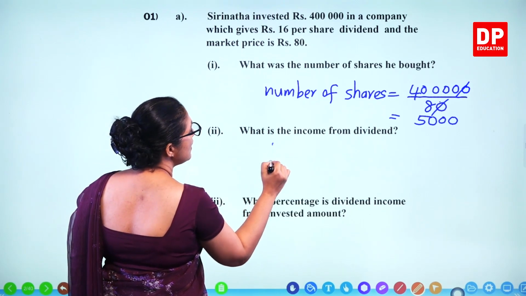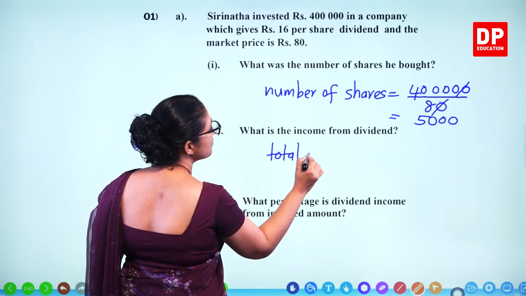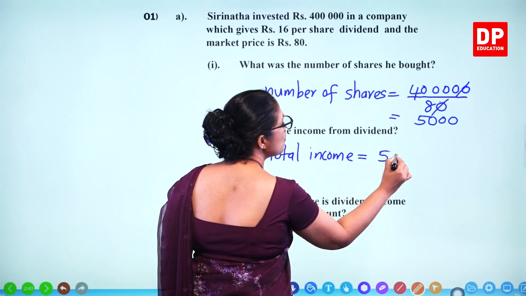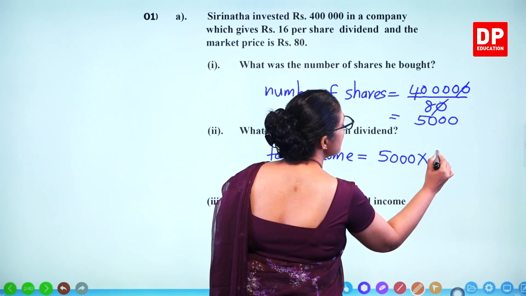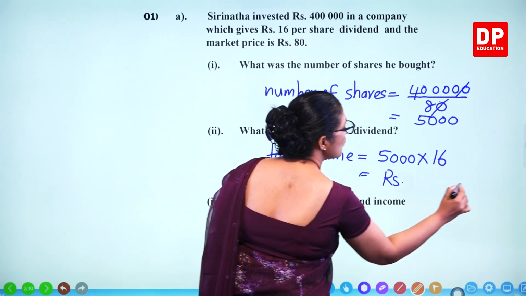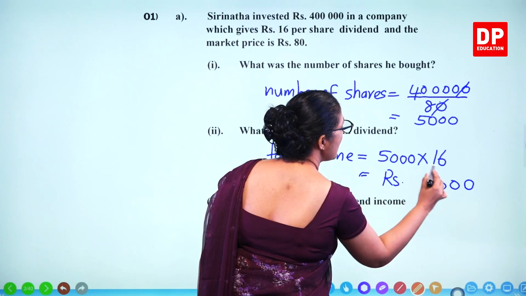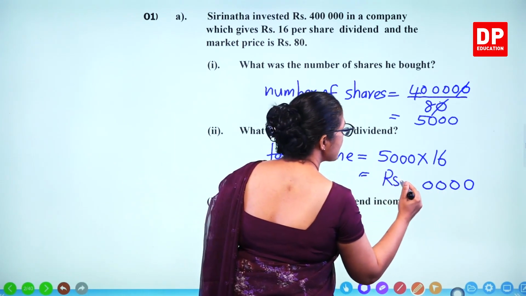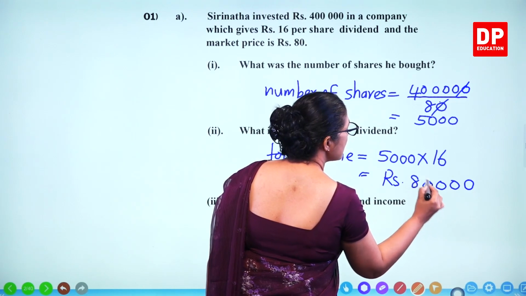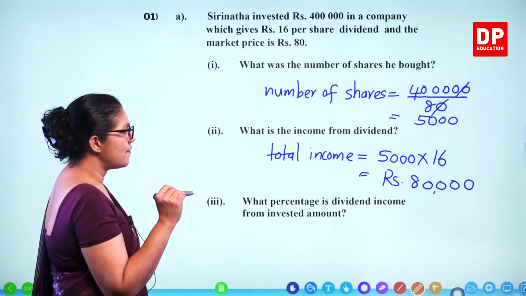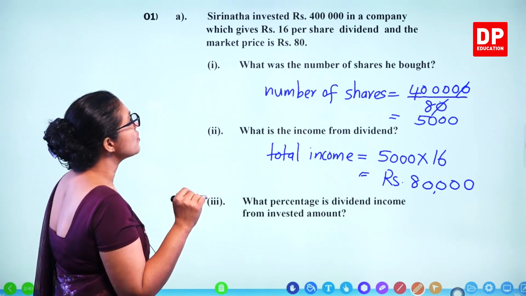So total income from dividends is equal to 5,000 into 16. So 3 zeros, and 5 times 6, 30. 3 remaining, 5 times 1, 5 plus 3, 8. 80,000 rupees.